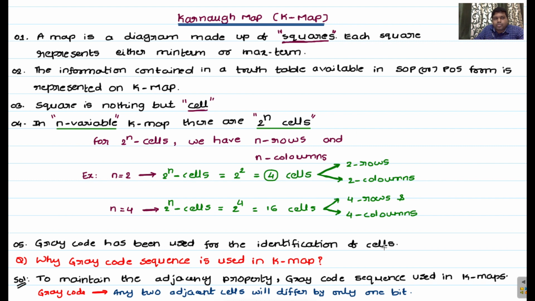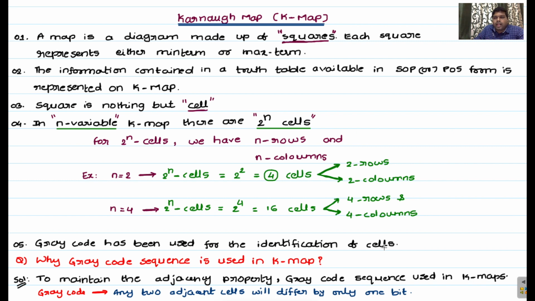The first point, a map is a diagram made up of squares. Each square represents either a minterm or maxterm. And the second point, the information contained in a truth table available in sum of product or product of sum form is represented on the K-map. A square is nothing but a cell or box. In an n variable K-map, there are 2 to the power of n cells, with n rows and n columns.